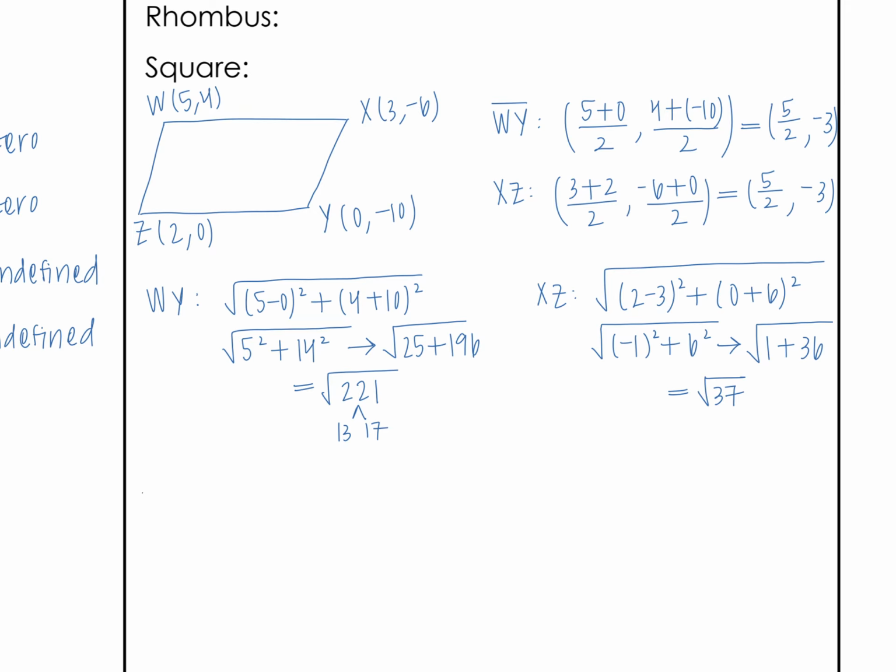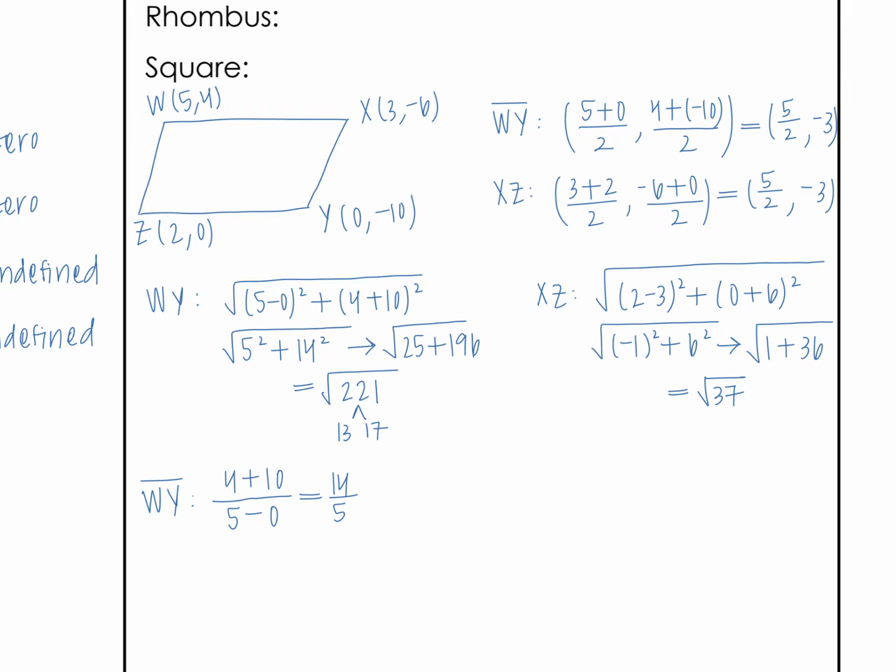Okay, so let's look at the slope for the diagonal WY. So we have 4 minus negative 10, so plus 10, and then we'll have 5 minus 0. So this is going to give me 14 over 5 for that slope.